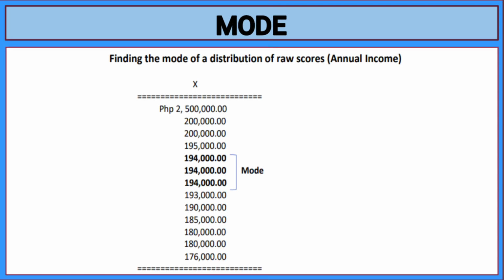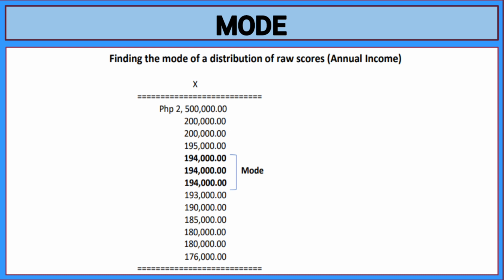Okay, so let's use the same example. Finding the mode of a distribution of raw scores. So we have here the presented annual income of the 13 workers. The mode provides an extremely fast way of knowing the centrality of the distribution. So you can immediately spot the mode by simply looking at the data and finding the dominant constant.